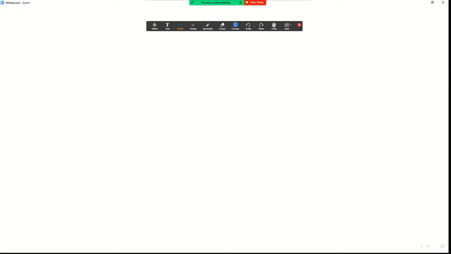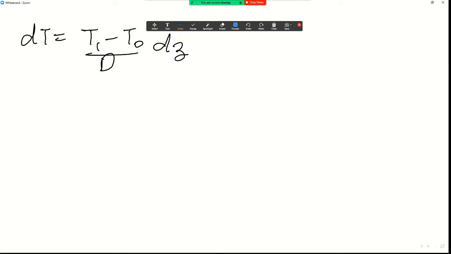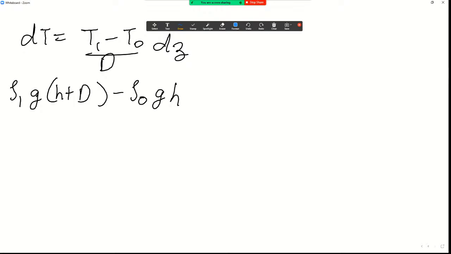So we have two equations: dT equals (T1 minus T0) by D into dz, and rho 1 g (h plus d) minus rho 0 g h equals the integral.